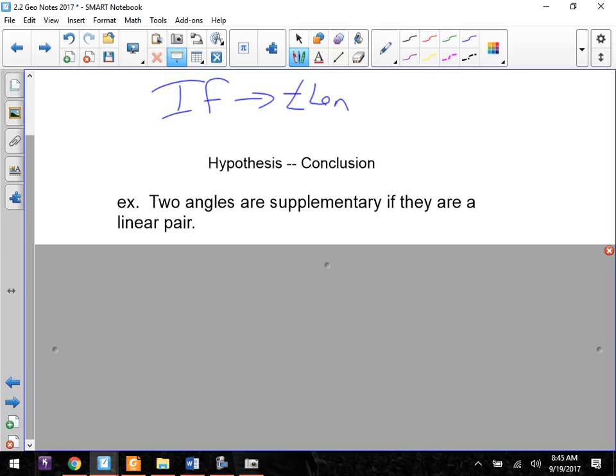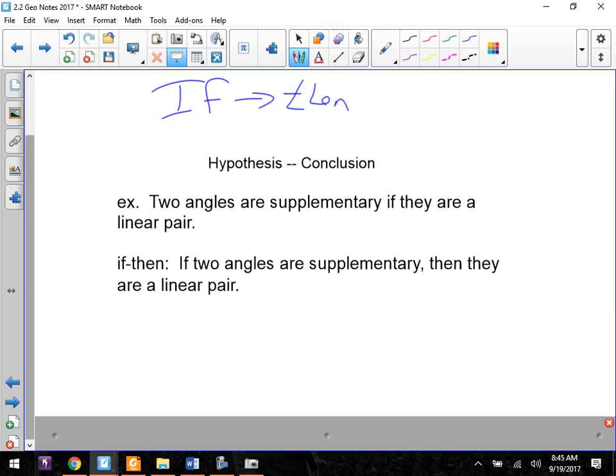So what we do is we take just a plain old boring statement or definition, and we convert it into what we call an if-then statement. So if two angles are supplementary, then they are a linear pair. That's one way of writing it. Okay. If-then statements don't necessarily have to always be true.